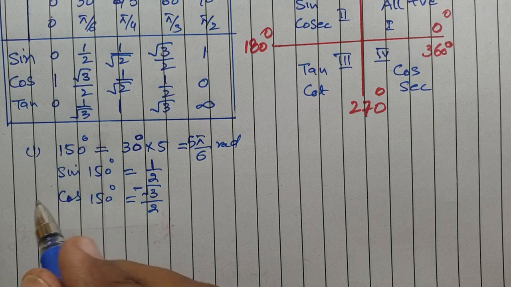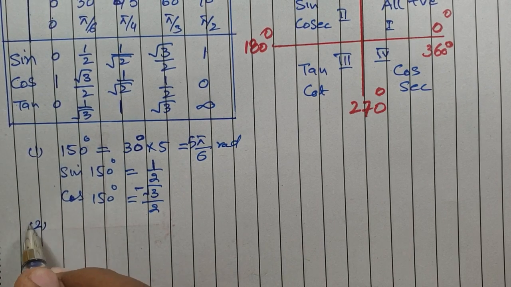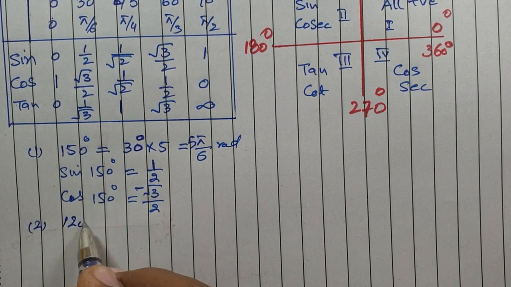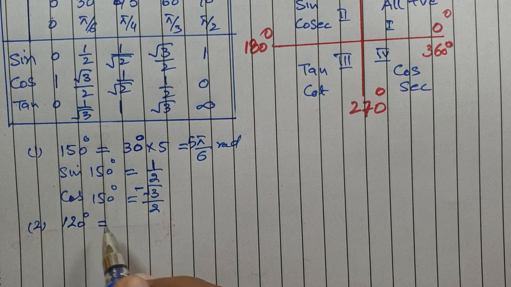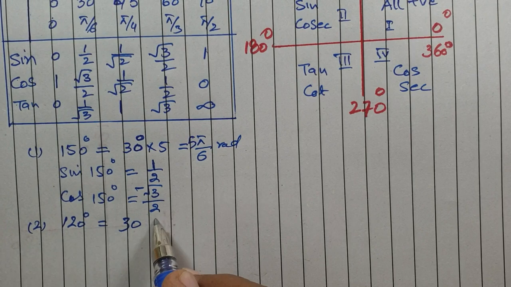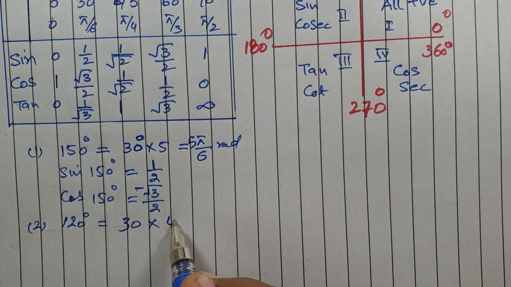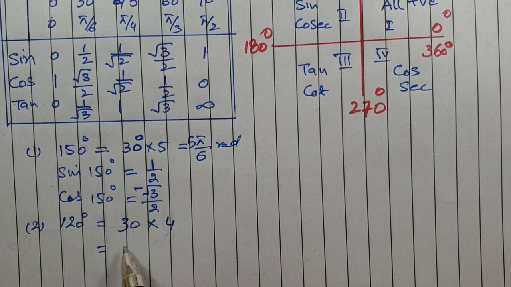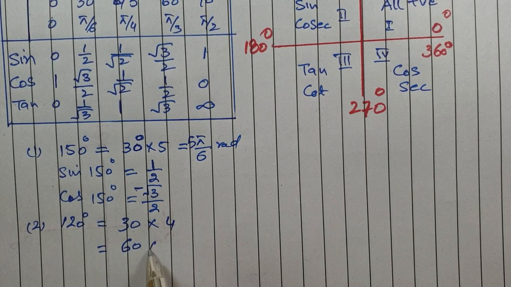So we take 120. 120 has two multiples, 30 by 4 or 60 by 2.